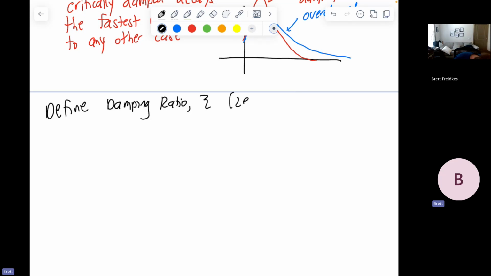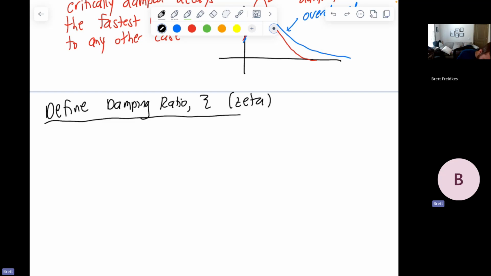This is the Greek letter zeta. I am not the best writer, but I try to do something like a Z with a little tail at the end. If you are Greek, don't be too mad at me.